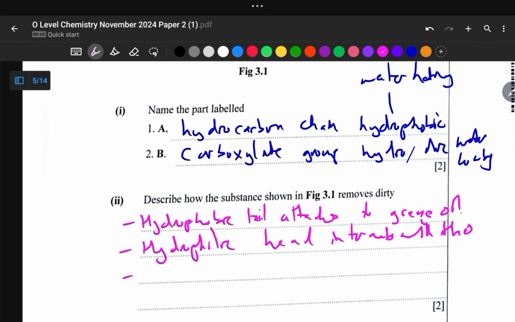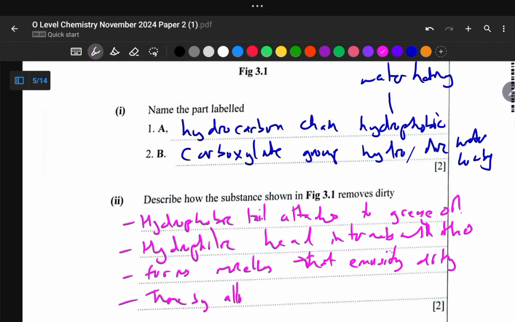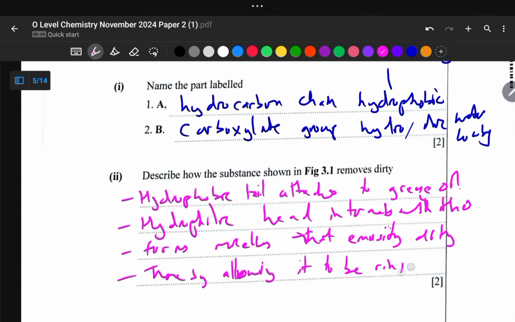And then it forms micelles that emulsify it, thereby allowing it to be rinsed away. So this is how the soap functions, right?